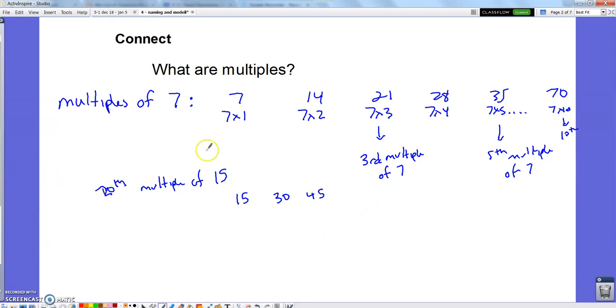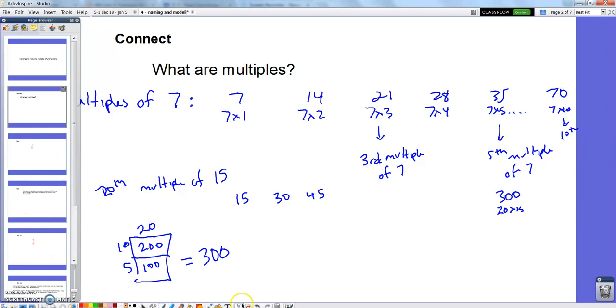And so if I want to find the 20th multiple of 15, I would multiply 20 by 15. I would probably use an area model, and I would get 200 and 100, and the 20th multiple of 15 would be 300, because 20 times 15 would be 300. So that's what a multiple is.